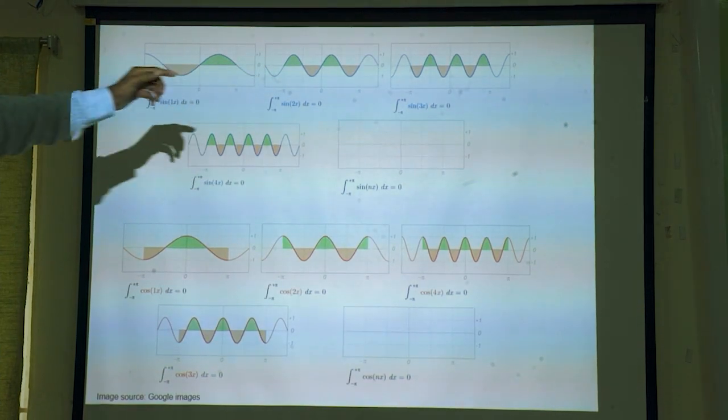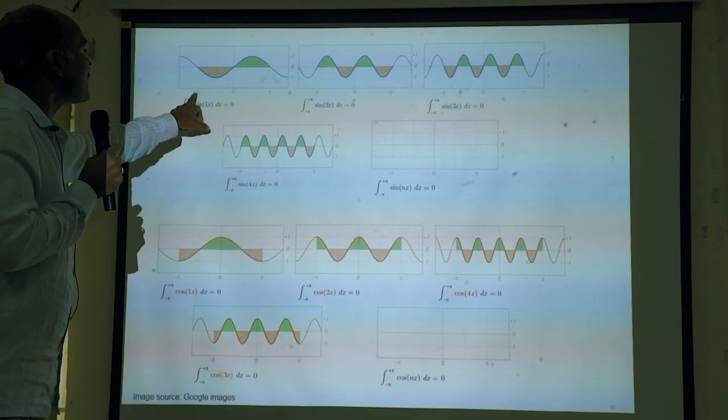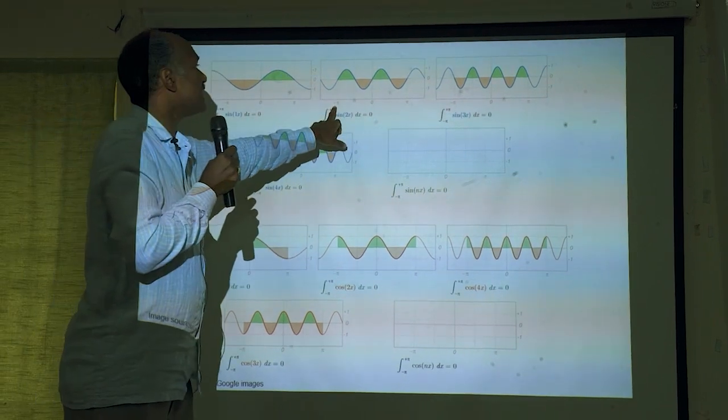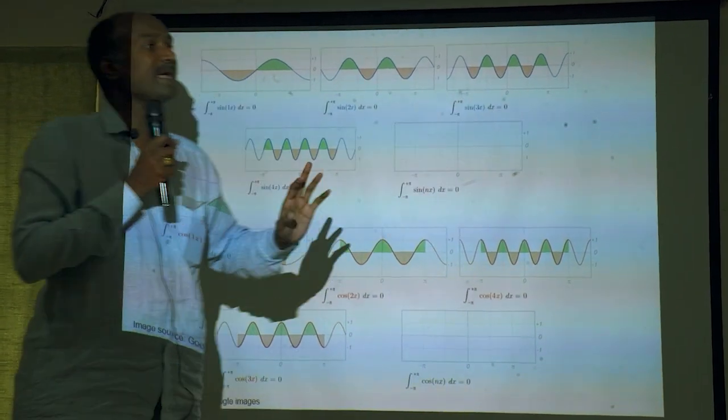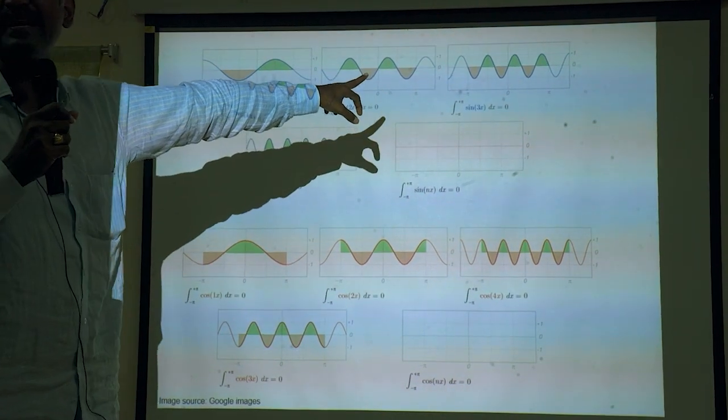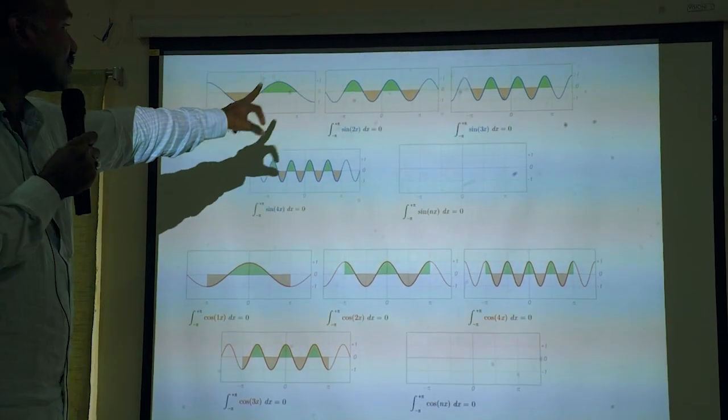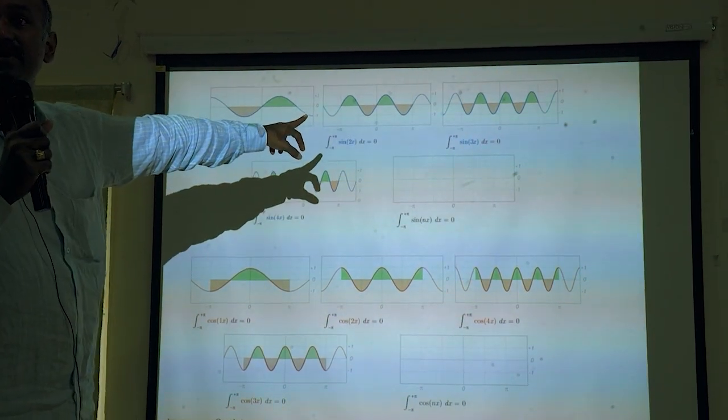If I draw from minus pi to pi, here also minus pi to pi, there are 3 cycles, that is why it is sin 3x. There are 2 cycles here.